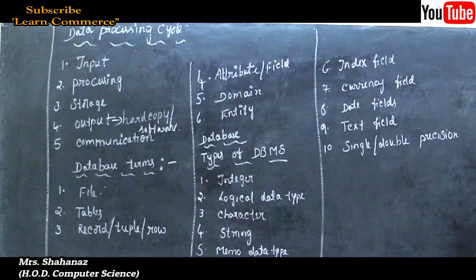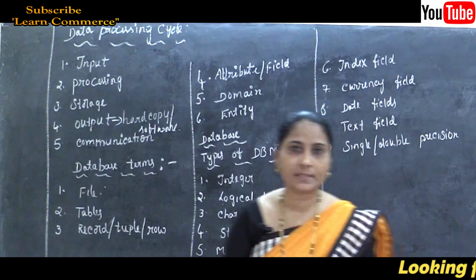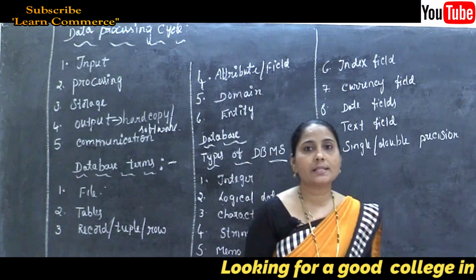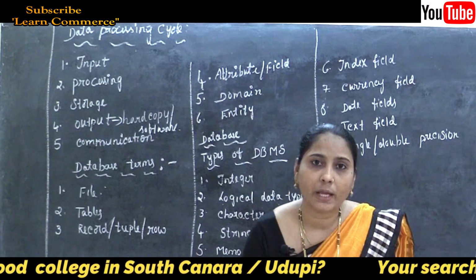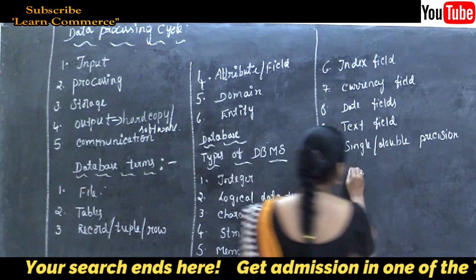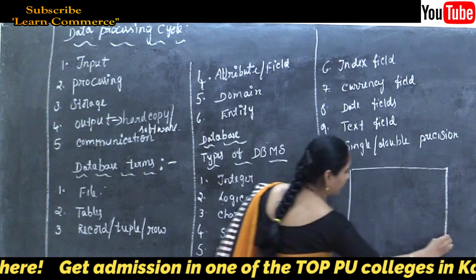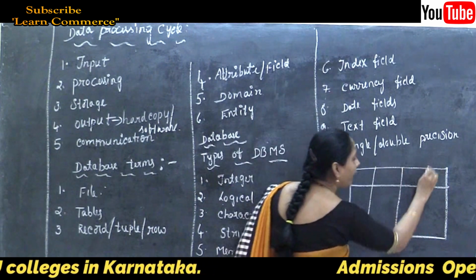And after the file, the second thing is about our tables. Clear this point here? In our table, we know that a table consists of some rows and columns.